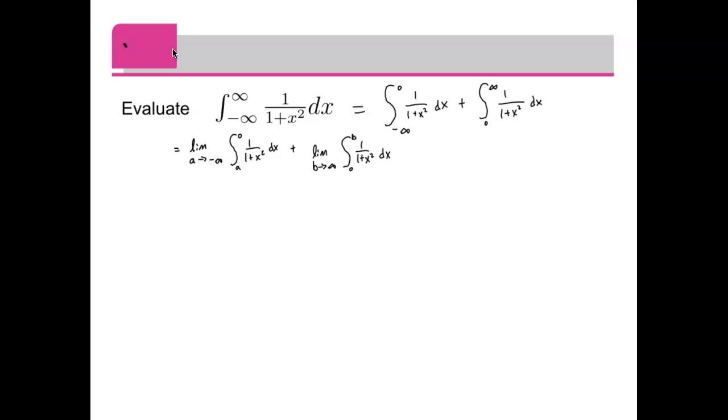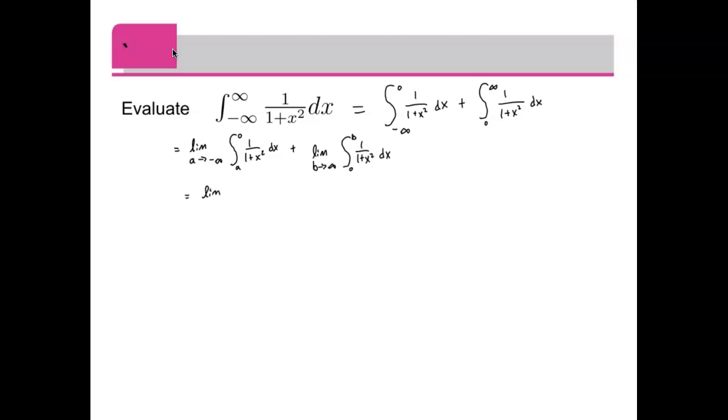All right, antiderivative time. This is one of our special antiderivatives that come in your table of integration techniques. Does anybody remember which one that is? The antiderivative of 1 over 1 plus x squared. It's inverse tangent, yes. So that's what we get.